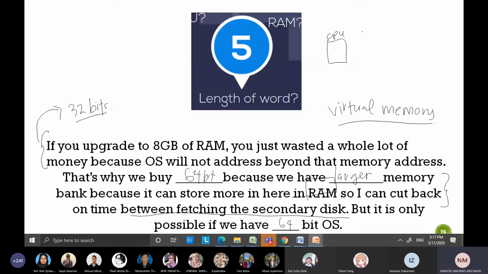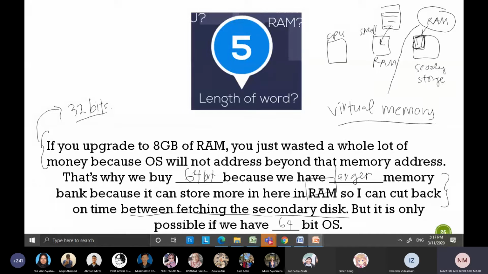So it means that this is your CPU, this is your RAM, this is your secondary storage. If your program is so big and your RAM is small, what happens is that the computer takes some part of the secondary storage as RAM. We call this virtual memory.